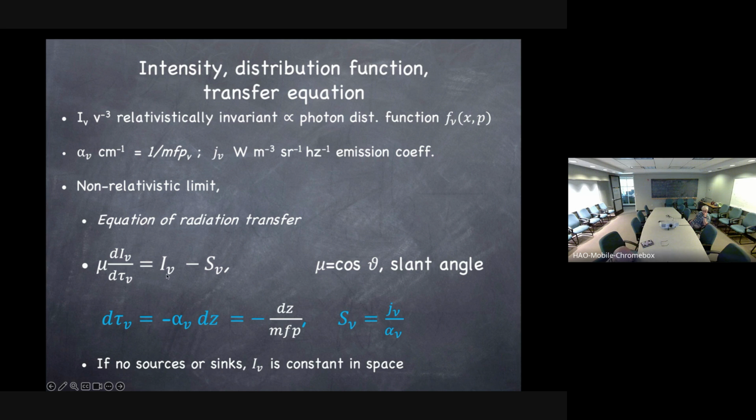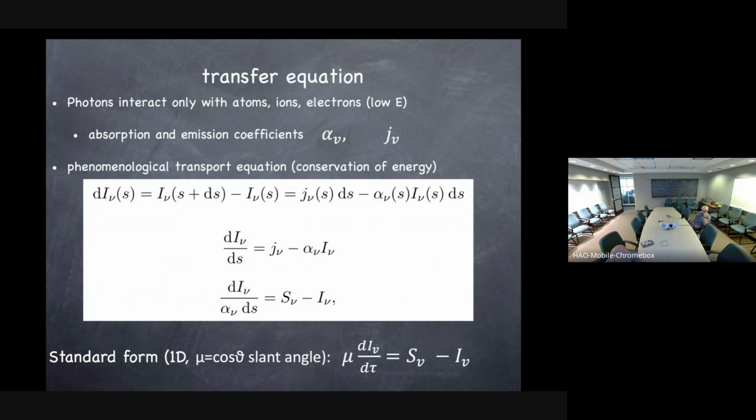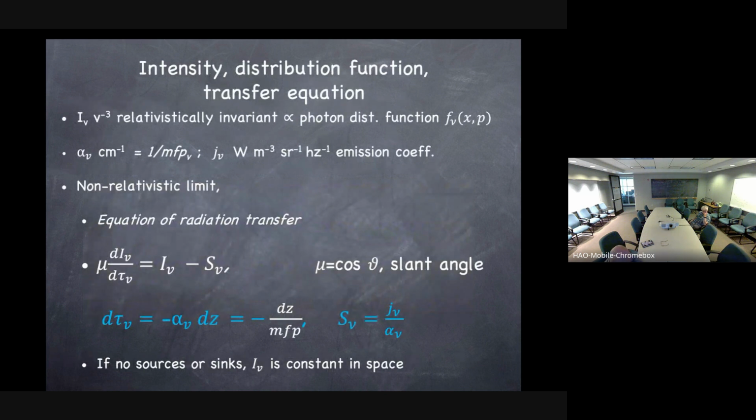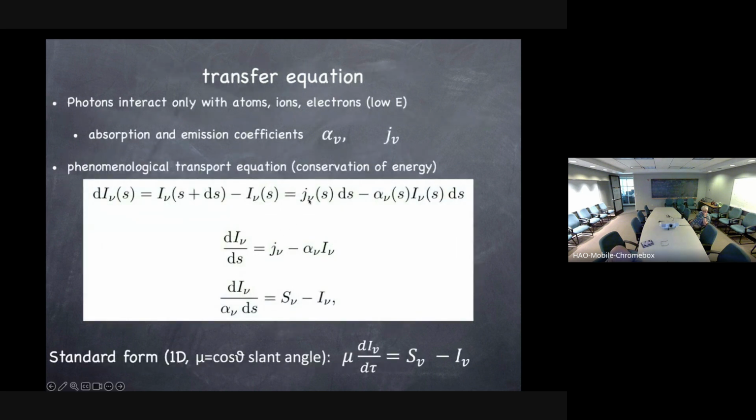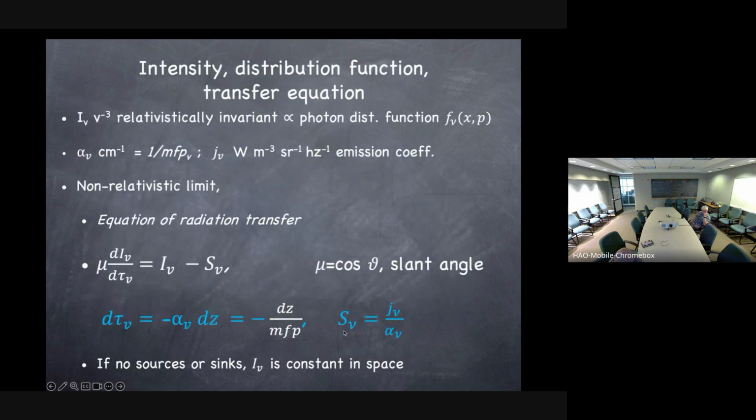So if we look at this equation here, if this is zero, so in other words, at the sun center, we've got a fully symmetric thing, then I nu equals J nu over alpha nu, and it's got to equal B because of detailed balance arguments and statistical equilibrium. Now, if there are no sinks or sources, by definition, this is zero and this is zero. So I is constant in space.